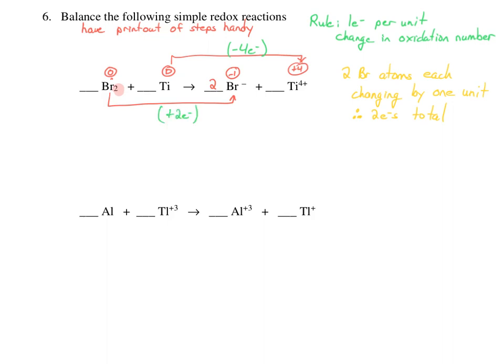This means, as written, the bromine atoms are going to require 2 electrons to be accepted, and the titanium atom is giving off 4 electrons. We need to match electrons lost to electrons gained, which means we're going to have to double the amount of bromine that's involved in the reaction.